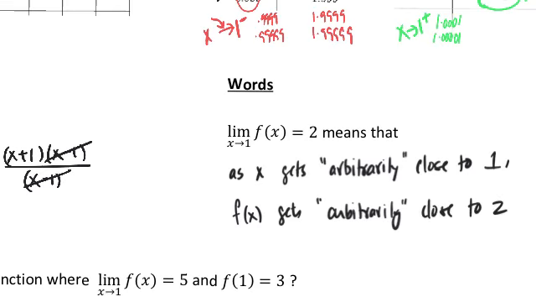And arbitrarily just simply means as close as you want, as close as your little heart desires, right? So you can make y as close as you want to 2 by making x as close as you want to 1. That's what we mean in words by the limit.